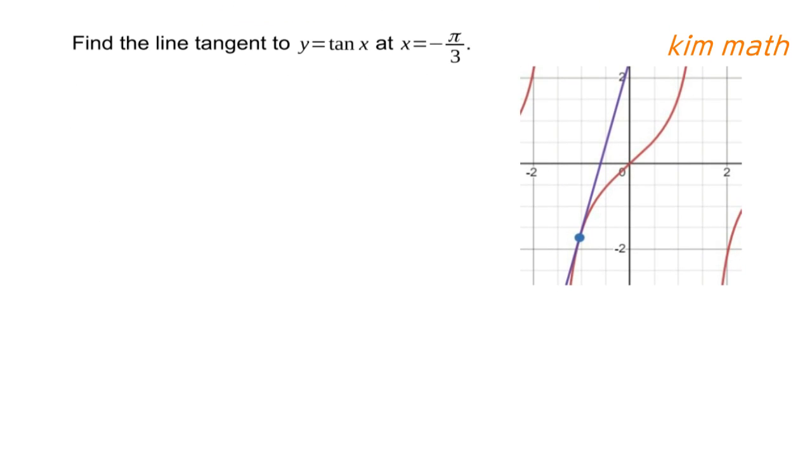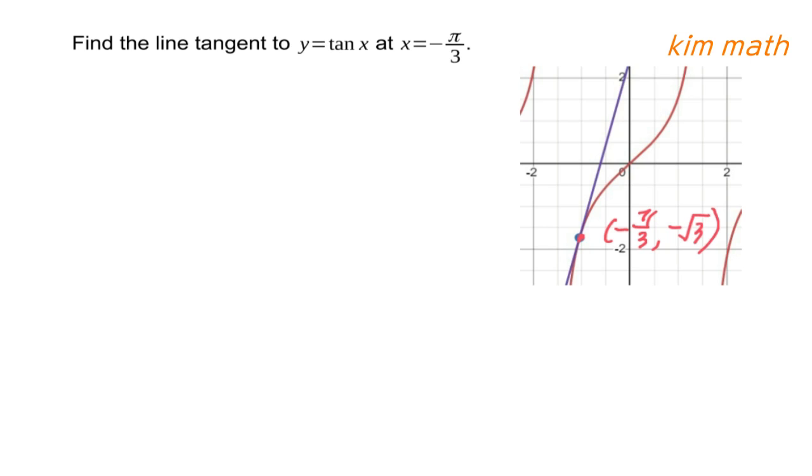Find the tangent line to y equals tan x at x equals negative pi over 3. So this point, negative pi over 3. Since tan negative pi over 3 will be here, right?